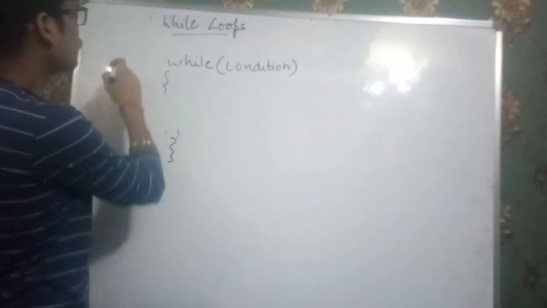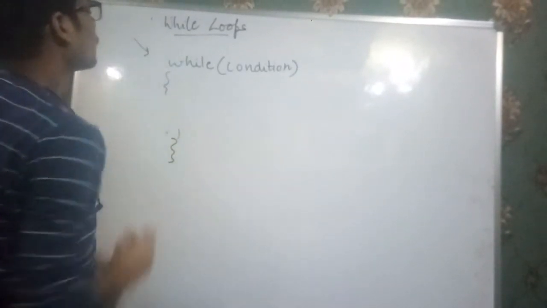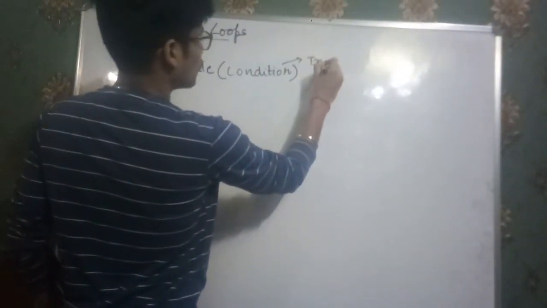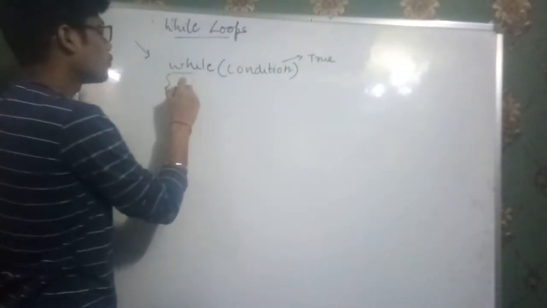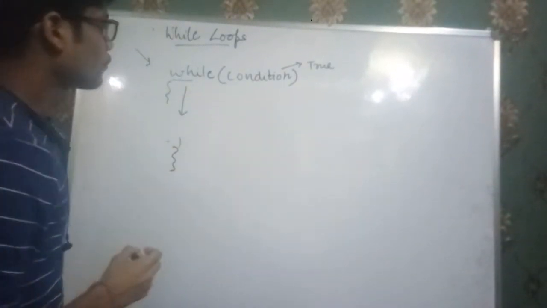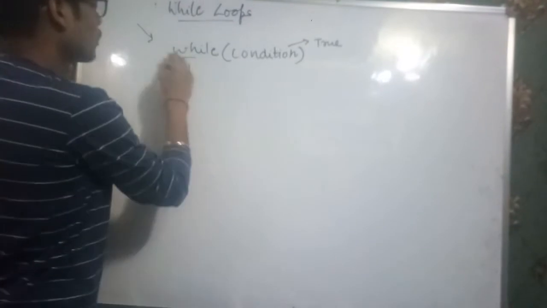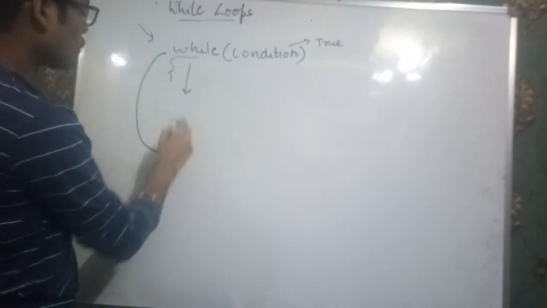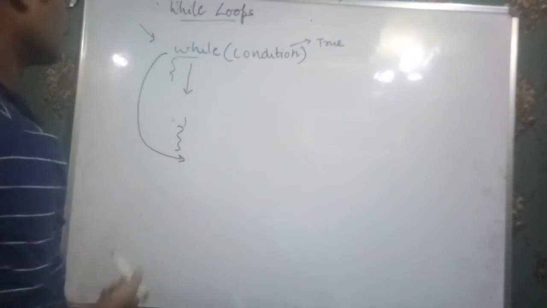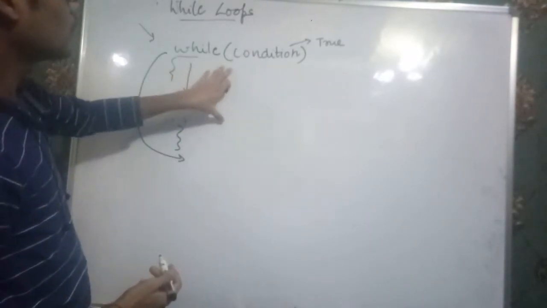If the condition passed to this loop is true, then the loop will be executed and we will go inside it. If the condition is false, our cursor will come out of the loop and execute the next instructions, if available.